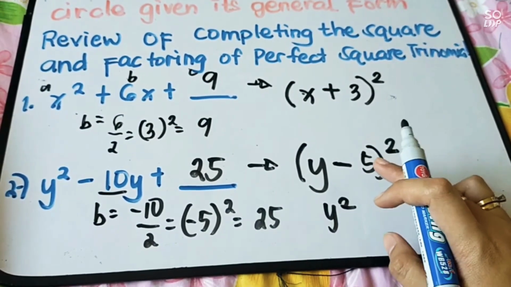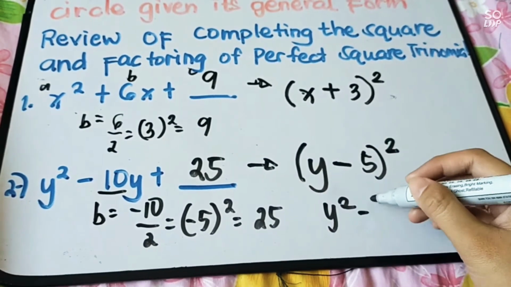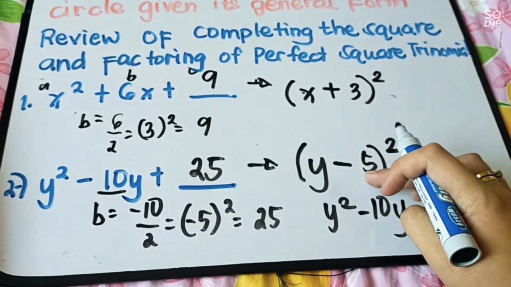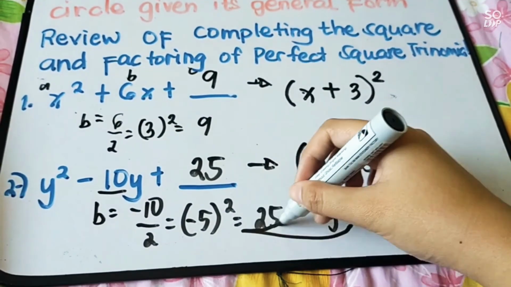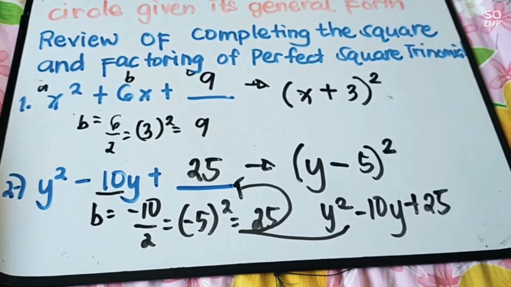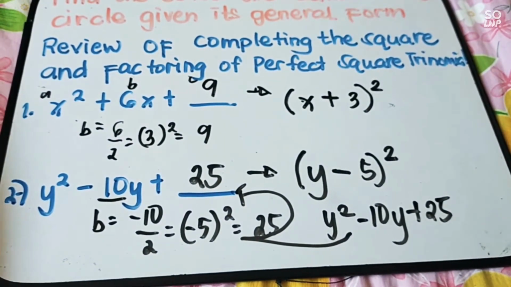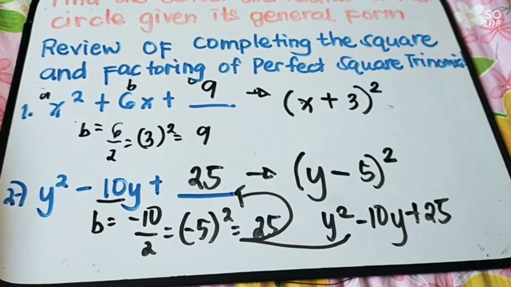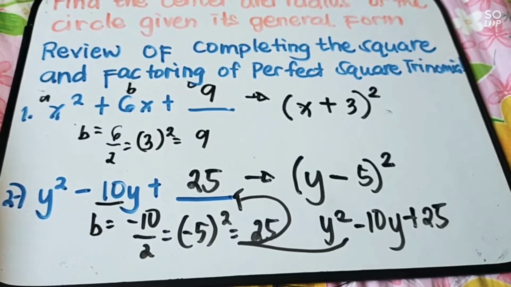For 5, multiply it by 2. 5 times 2, 10. 10 times y, we have minus 10y. Then, square the 5, the answer is plus 25. There, it came out the same. Okay? So, that is it. You need to know how to complete the square and factor a perfect square trinomial. That simple.